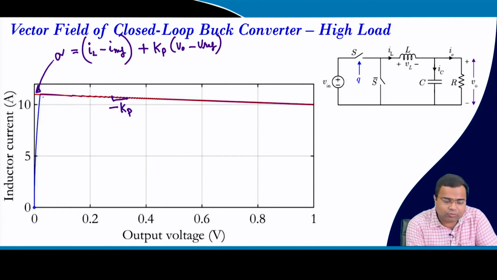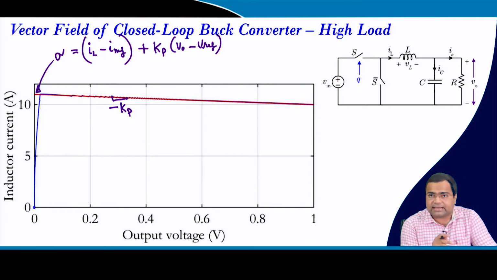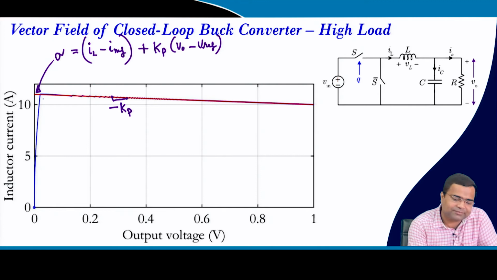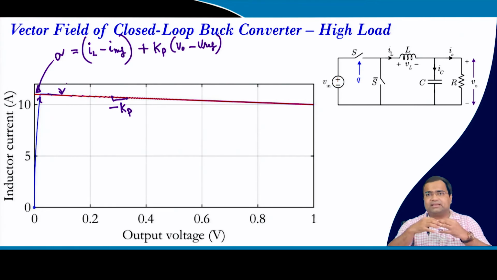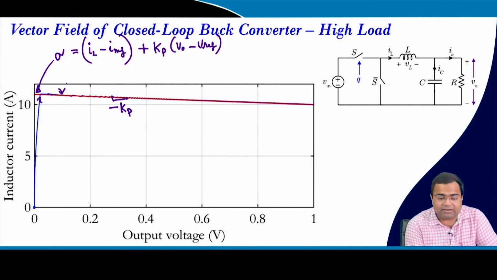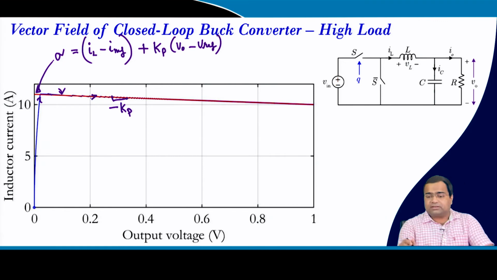But remember, when it hits the surface, it has to turn on and off, in such a way that this side turns on as if it is going towards the line, and this side turns off as if it is coming towards the line. So, the vector field on either side should be towards this line, so that it will finally converge to this line, and then you have to see whether the trajectory is moving towards the desired point.